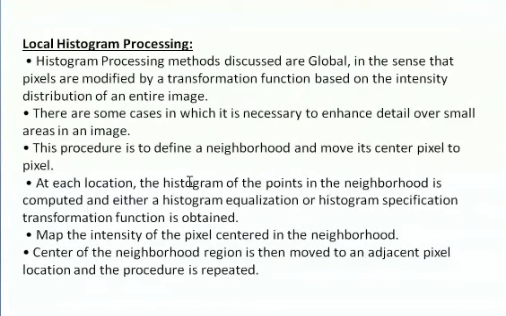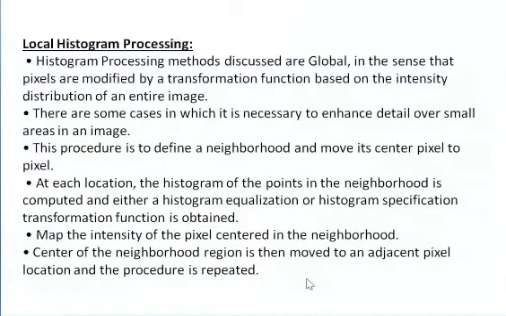At each location, the histogram of the points in the neighborhood is computed, and either a histogram equalization or histogram specification transformation function is obtained. Map the intensity of the pixel centered in the neighborhood, and the center of the neighborhood region is then moved to an adjacent pixel location.